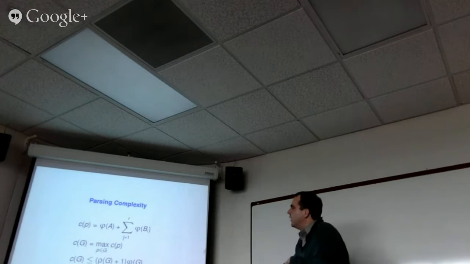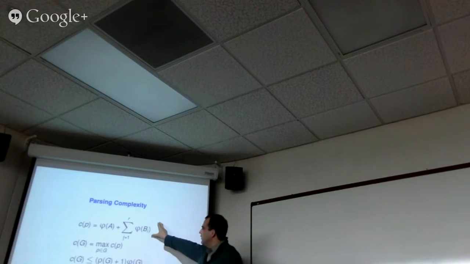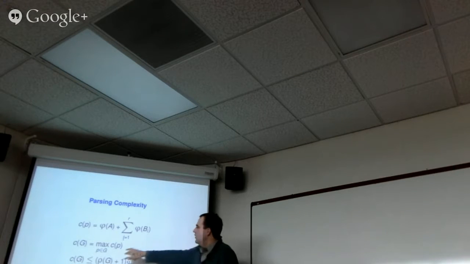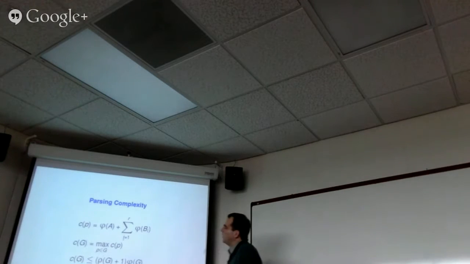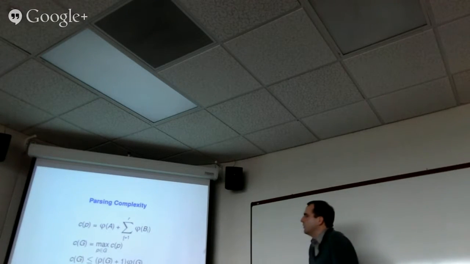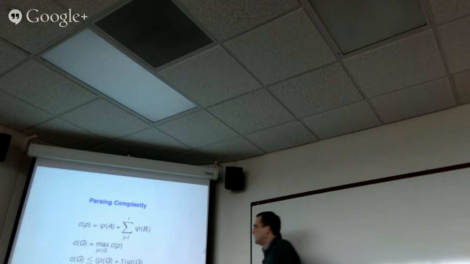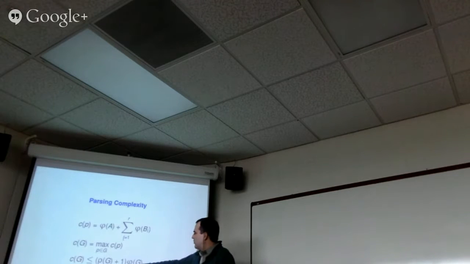And so this is the equation we had on the last slide. For a grammar, generally you're interested in what's the worst rule. So the parsing complexity for the grammar would be the maximum of the individual rules. And you can come up with some bound, some relation to fan out.